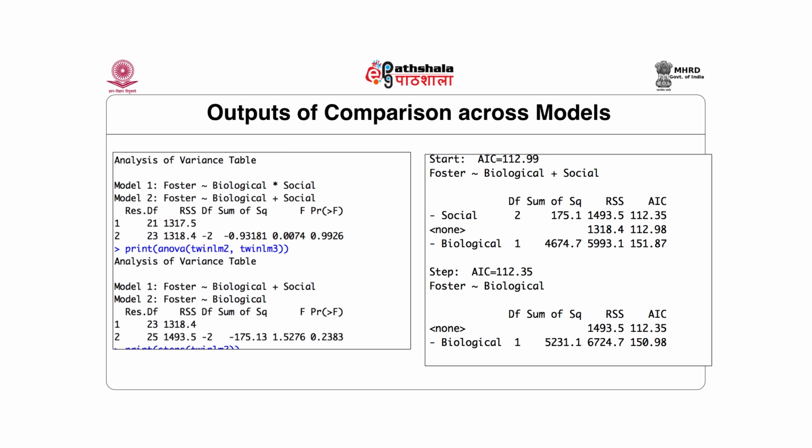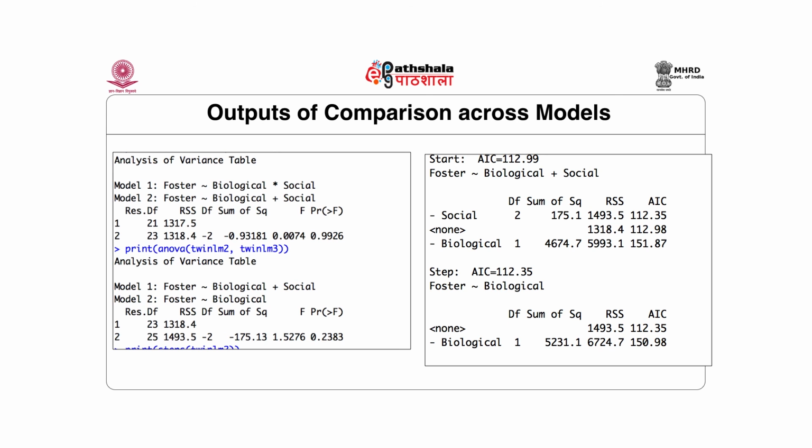And that's the reason why I said that it doesn't make much of a difference, because as you can see, it is not so much the absolute values of your Akaike information criterion, but it's more around the changes. So when you remove the biological model, for example, you see the Akaike information criterion jumps to about 150.98.